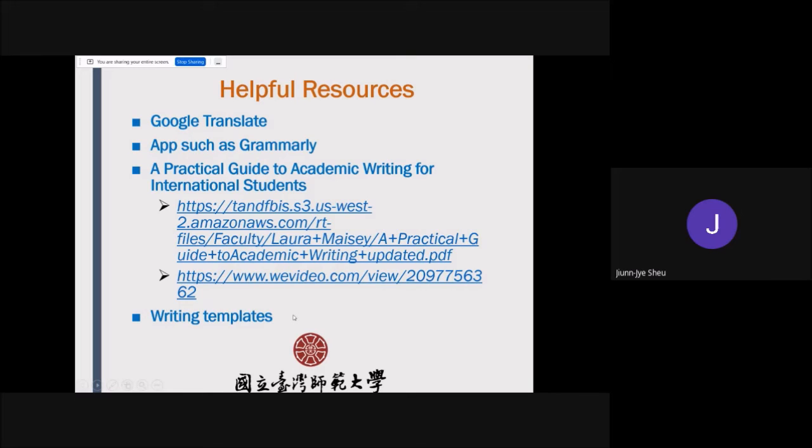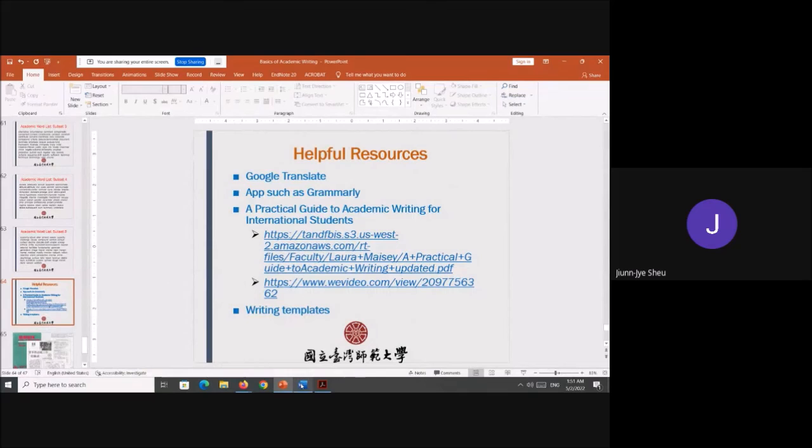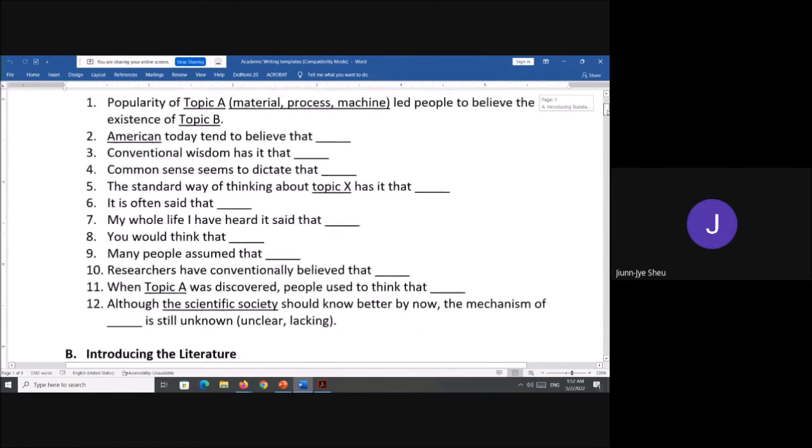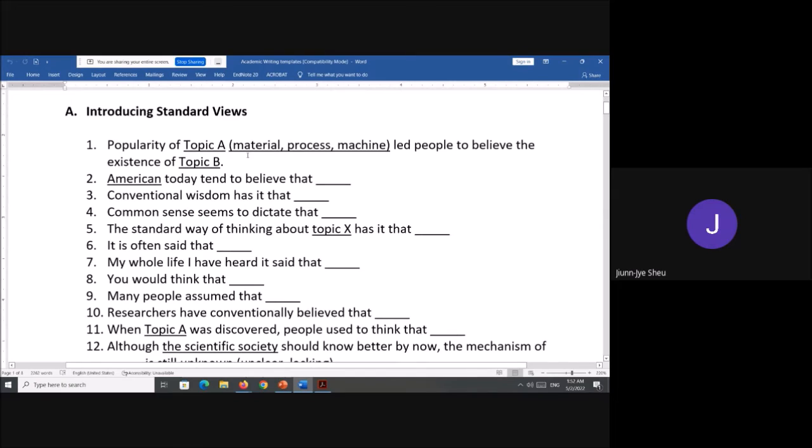And I also have writing templates that you may use. I will offer those templates as your resources. These templates are like sentences that you can fill in the blank to help you start with your scientific or academic writing.